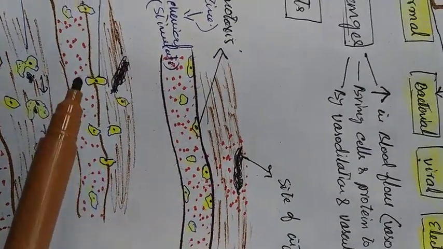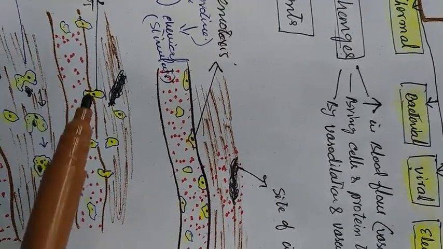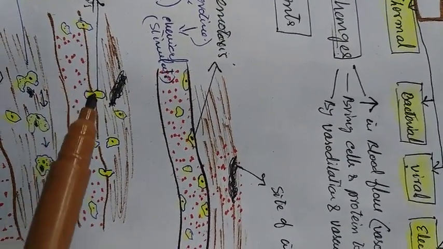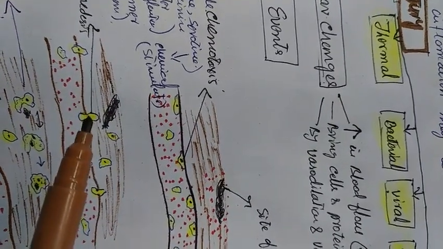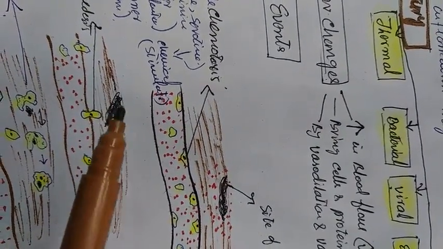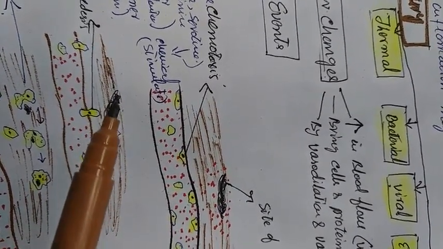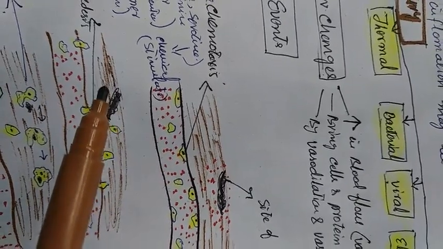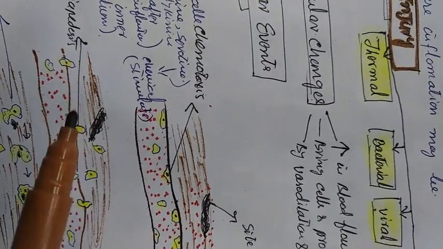That is the movement of these white cells through the unruptured walls of the blood vessels at the site of injury. Once these leukocytes are out, they reach the site of infection and ultimately engulf or swallow the causative agent, which may be bacteria or any injurious agent. This is known as phagocytosis.